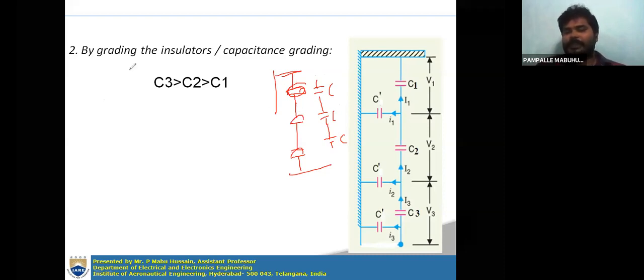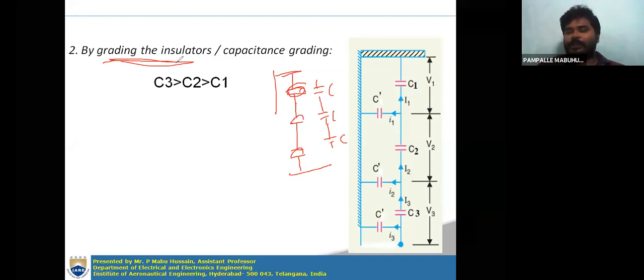This is called the grading of insulators. Instead of using same size insulators, we use different sizes of insulators. When you use different size insulators, the capacitance value also changes for each insulator.